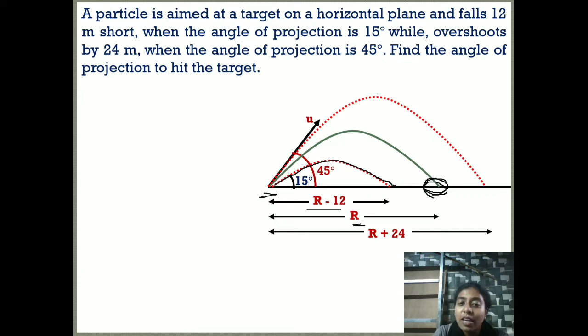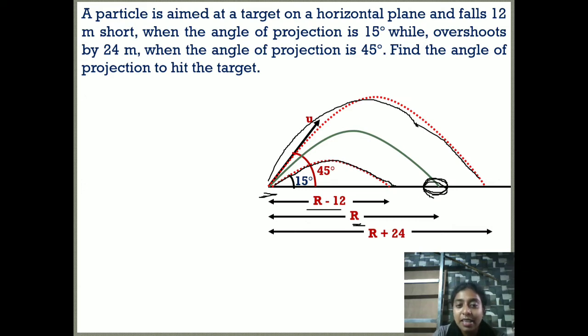So when we are projecting the particle with an angle of 15 degrees, it is short by 12 meters, and when we throw the object at an angle of 45 degrees, then our particle reaches 24 meters away from our target point.